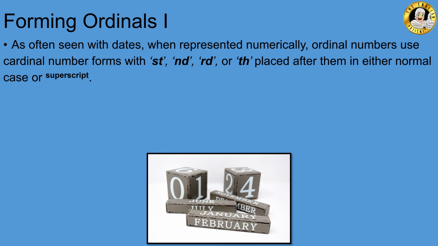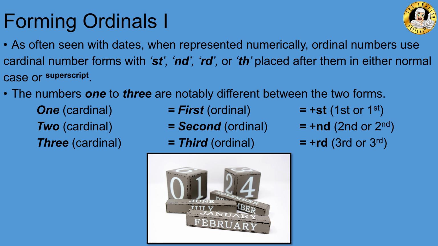Now, as often seen with dates, when represented numerically, ordinal numbers will use cardinal number forms with the ST, ND, RD, or TH placed after them, either in normal case or in superscript. Note that the numbers 1, 2, and 3 are notably different between the cardinal form and the ordinal form. So 1 is a cardinal number. In an ordinal number, it becomes first.